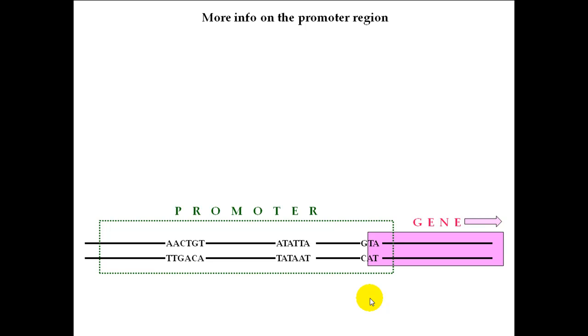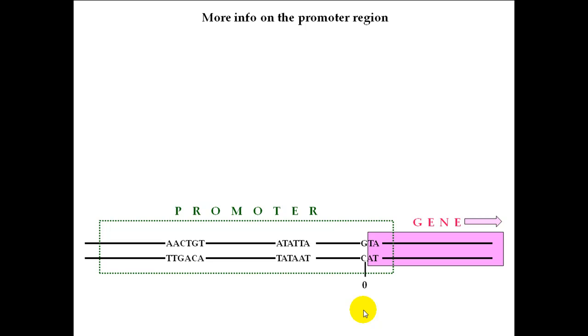And in order to tell where the border is between the promoter and where the actual gene sequence begins, that border is given a name. It's considered to be nucleotide 0. So everything on this side of nucleotide 0 is the gene, and everything on this side of nucleotide 0 is the promoter that's right in front of the gene.